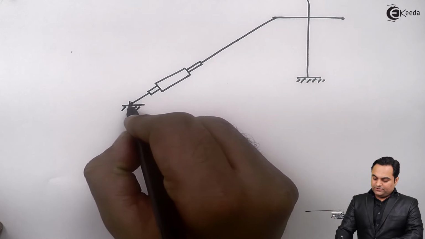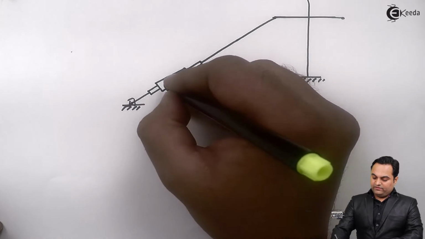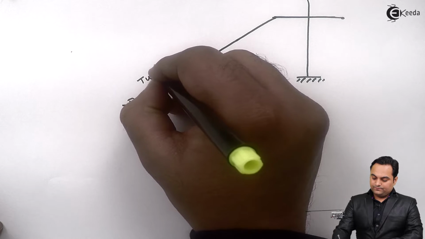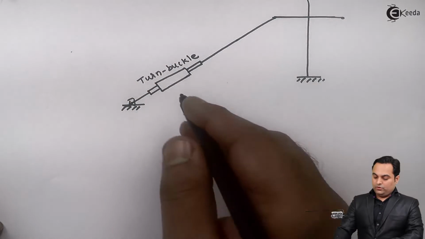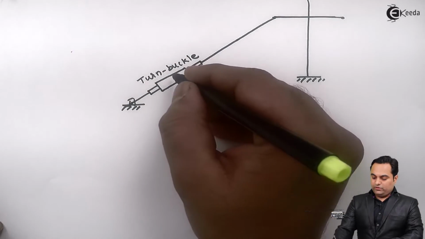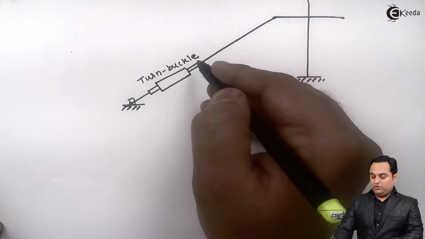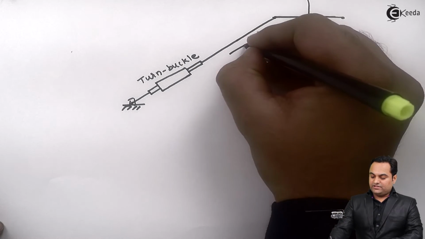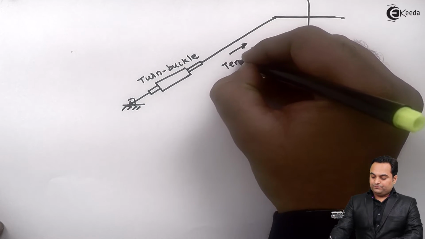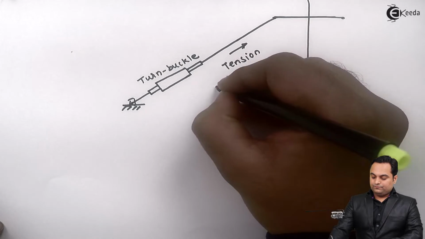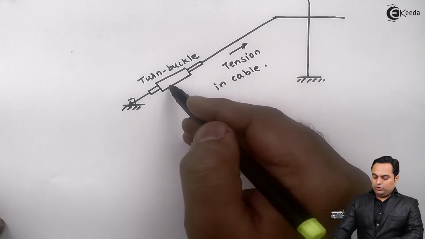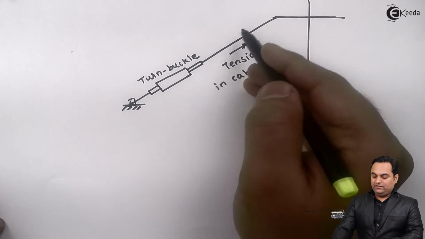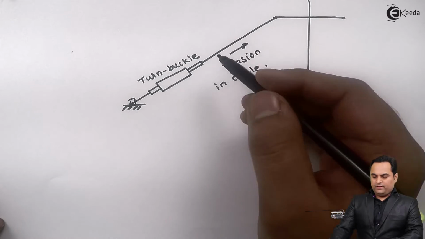So for that purpose here we have a device called as turnbuckle, with the help of which if we rotate the turnbuckle we can adjust the tension in this cable, and so it is used to either loosen or to tighten this cable.